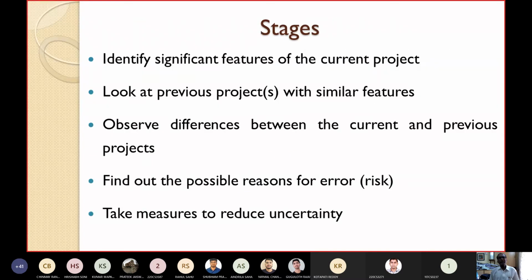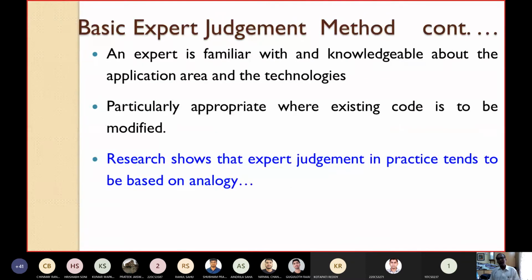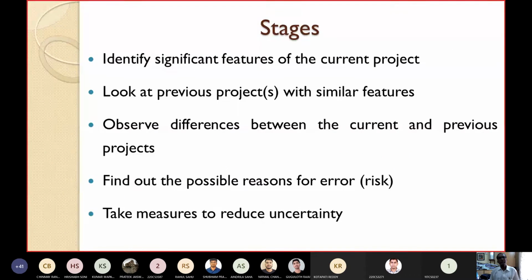Now let's see what the stages are with this analogy-based technique. You identify the significant features of the current project. What are the important features of the current project? Identify them. Then, as I have already told, you are making analogy with previous projects or past projects.